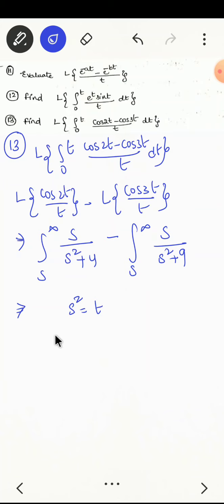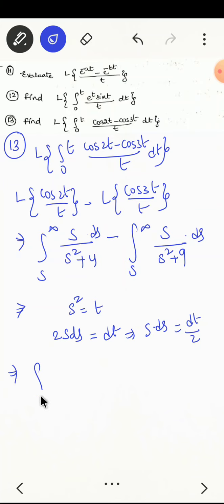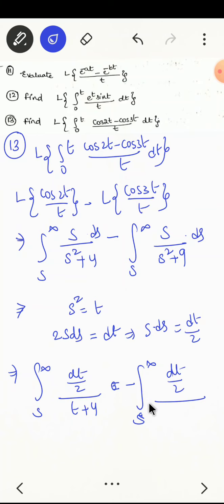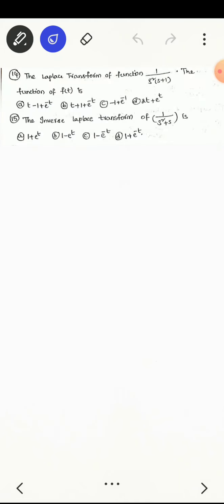Then 2s ds can be written as dt, so s ds can be written as dt by 2. Substitute dt by 2 here. The integral from s to infinity, s ds is dt by 2, by s square, which is t, plus 4, minus the same, from s to infinity dt by 2 by t plus 9.